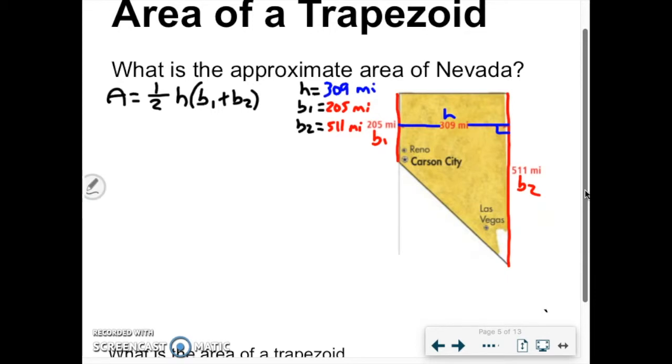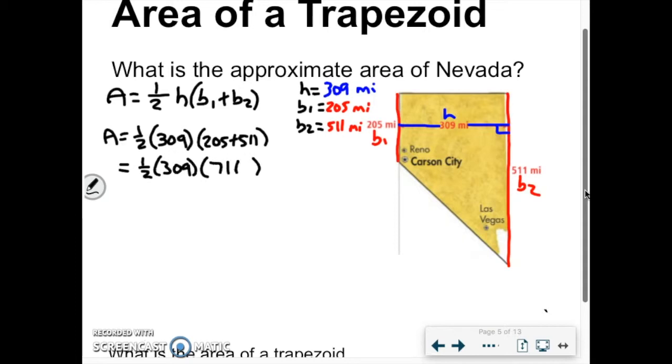So I'm going to go ahead and start to plug things in. We have our 1/2. The height is 309 miles. Our bases are 205 and 511. I would go one more step before we look at the calculator. Just to avoid any calculator mistakes, I usually add the 2 numbers in the parentheses first and then go to the calculator after, just to keep things a little bit simpler.